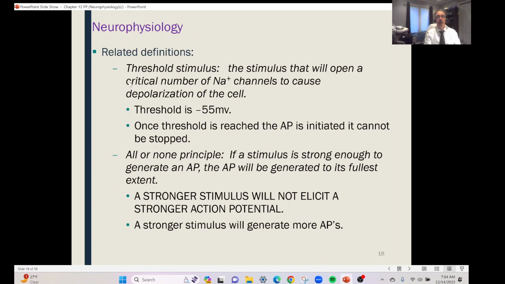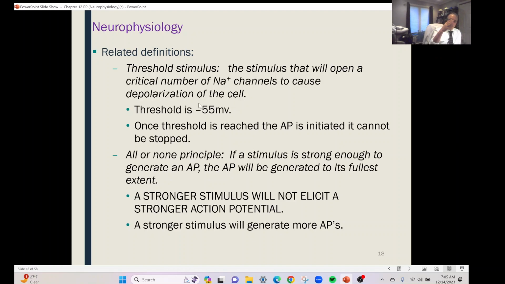Again, in my first scenario, we gave the stimulus and said it was strong enough to reach threshold. That would have been a threshold stimulus, right? That's a stimulus that will open that critical number of sodium channels to cause depolarization. Once we get to threshold, you can't stop the action potential. It's going to take off. The value I want you to know for threshold is minus 55.